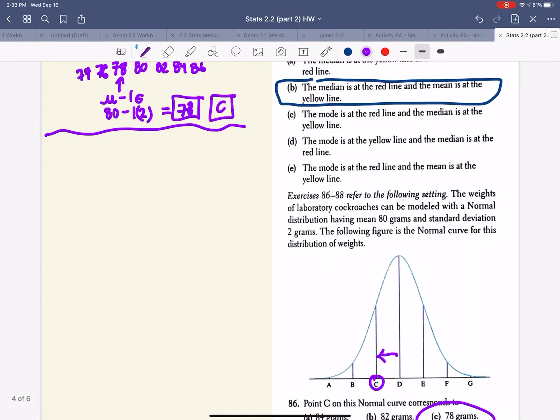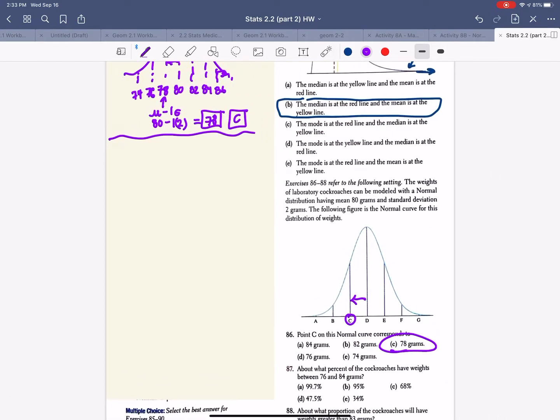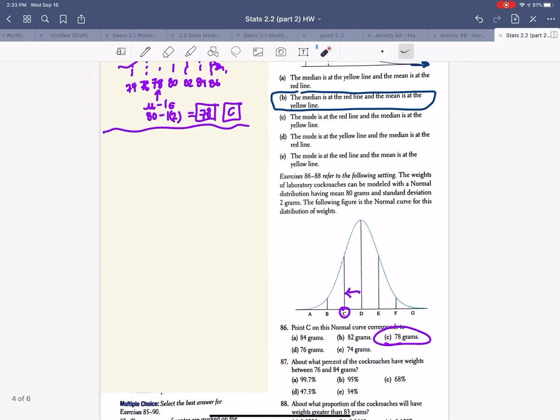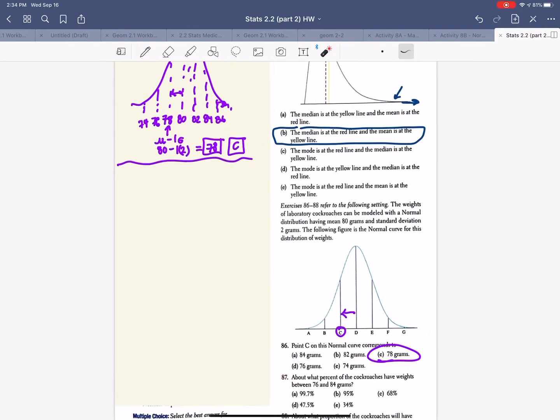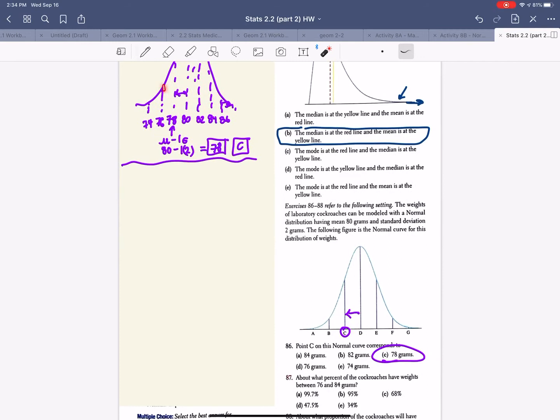Now let's look at part 87. It says, about what percent of cockroaches have a weight of between 76, so looking at my sketch here, 76 and 84. So 76 to 84. So that's 2 to the left and 2 to the right. So that's 4 flaps. So kind of using our flap chart, I got to add the 4 center flaps.